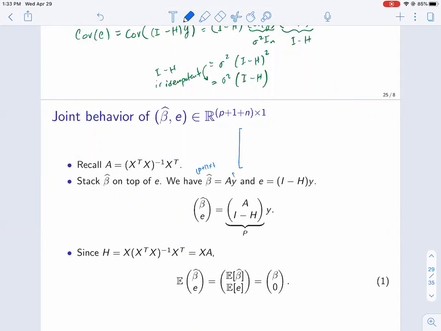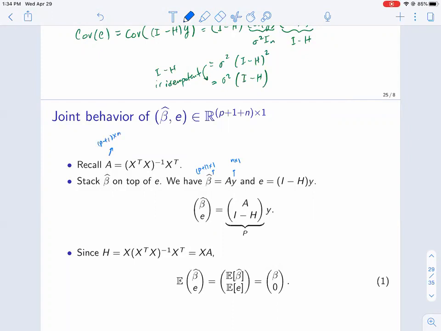Y is N by 1. So what will be the dimensions of A if this product is going to work out? This is a (P plus 1) by 1 vector, and this is N by 1. So what should the dimensions of A be? (P plus 1) by N. Yes, (P plus 1) times N.